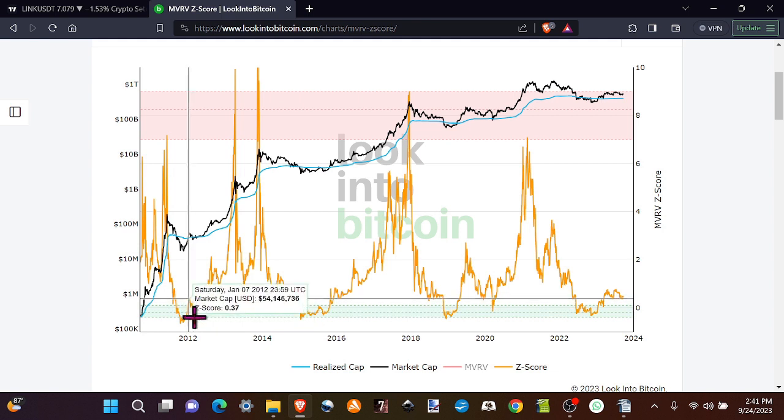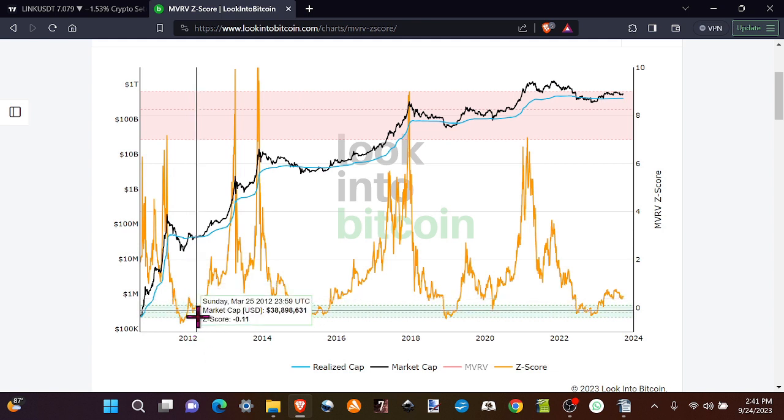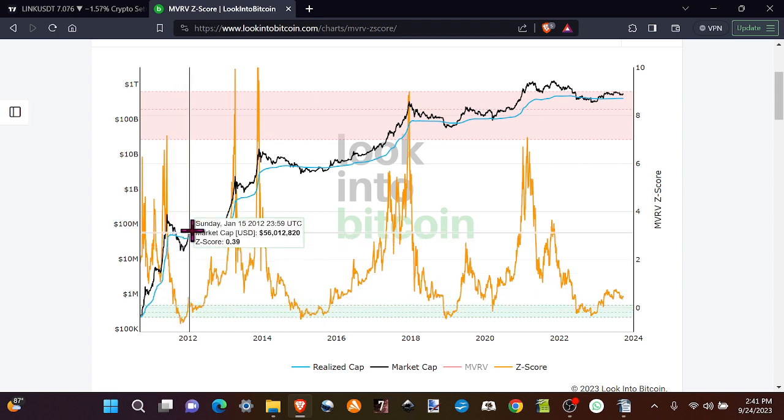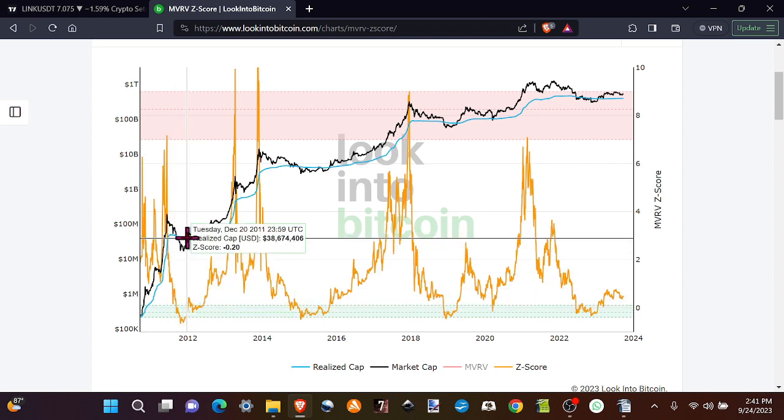We were slightly above and revisited this oversold or undervalued area. This was in 2012. That appeared right here after we had the initial transition from the absolute bottom, the first pump from the bottom.